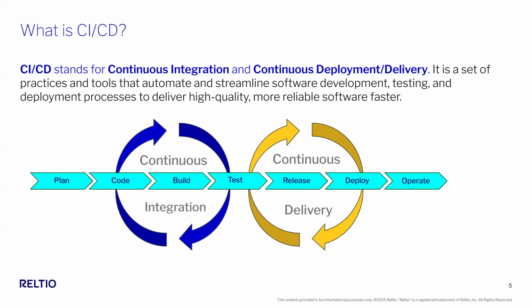Once you implement CI/CD, you can make sure that you deliver high quality software more reliably and in a faster fashion, right? In the picture, you can see there are various steps involved in a CI/CD process. It starts with planning, coding, building, then testing, then release, which is the most important one, right? Followed by deployment and operations.